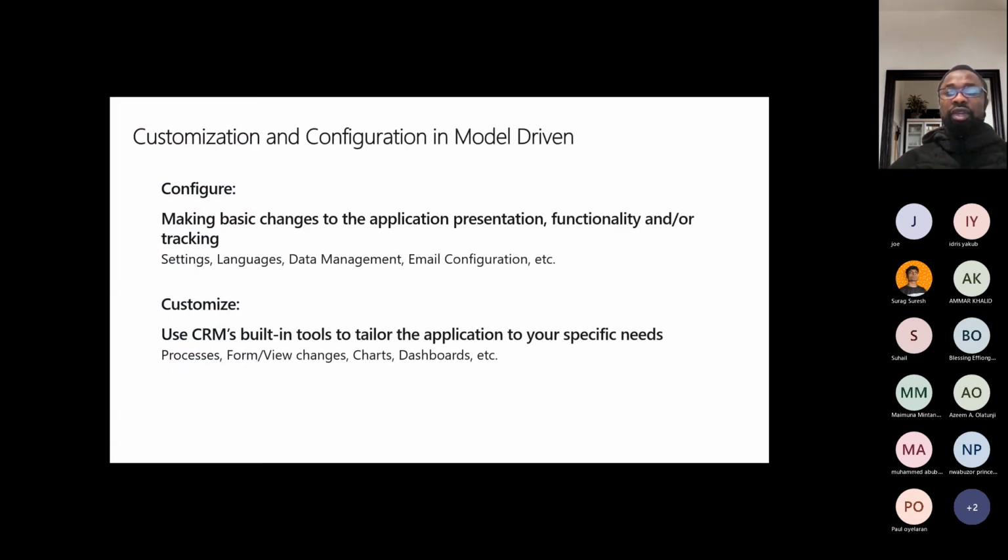When we talk about configuration, it's making changes to the system itself. This could be the presentation of the functionalities of the application, and also settings such as language, currencies, the environment currency, email configuration, data management, templates, and so on.